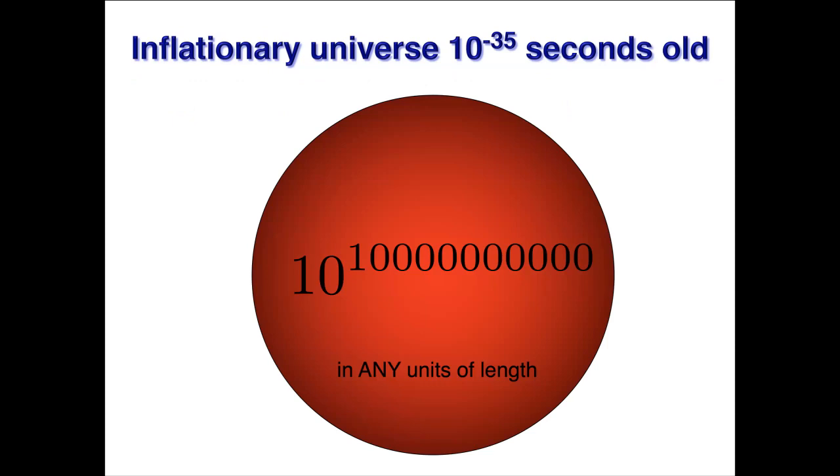It's so large that it does not matter even in which units, because it was expanding exponentially, and the size is huge in centimeters, in miles, whatever. It is much, much larger than 10 to the 28 centimeter, which is the size of the universe accessible to observations right now.